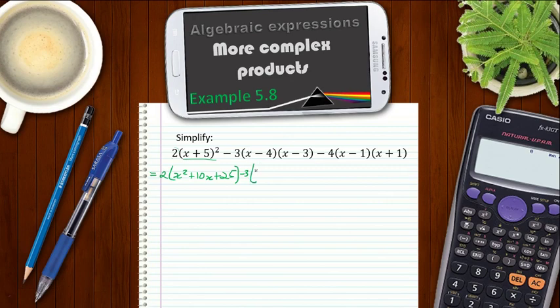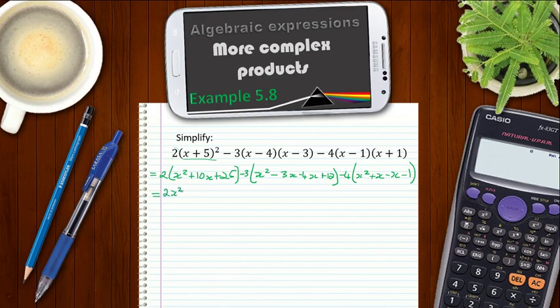Then multiplying this one out is x squared minus 3x minus 4x plus 12. And then that one is x squared plus x minus 1.